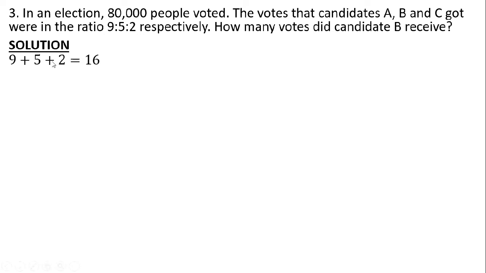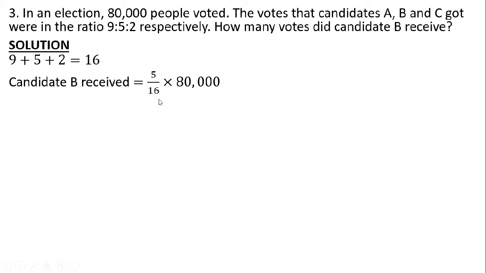And then we'll get the 5 as our numerator, since we are looking for candidate B, over the total number of equal parts, that will be our denominator 16, times the total number of people who voted to find what candidate B got. So we'll say candidate B received 5 over 16 times 80,000.